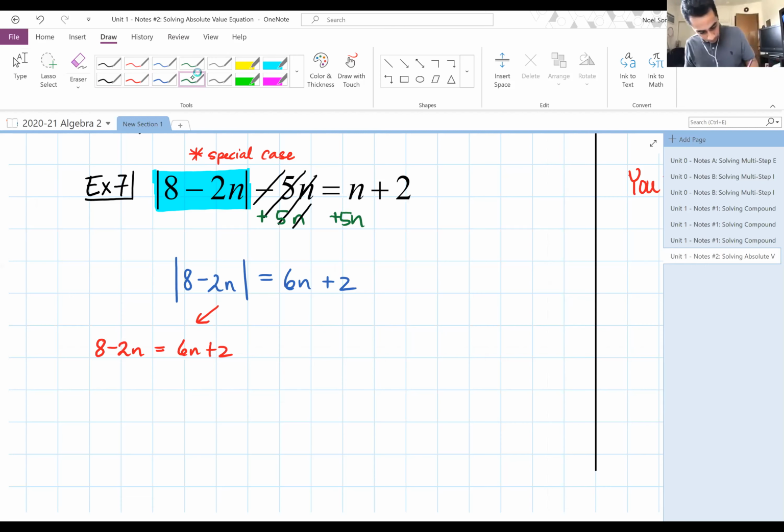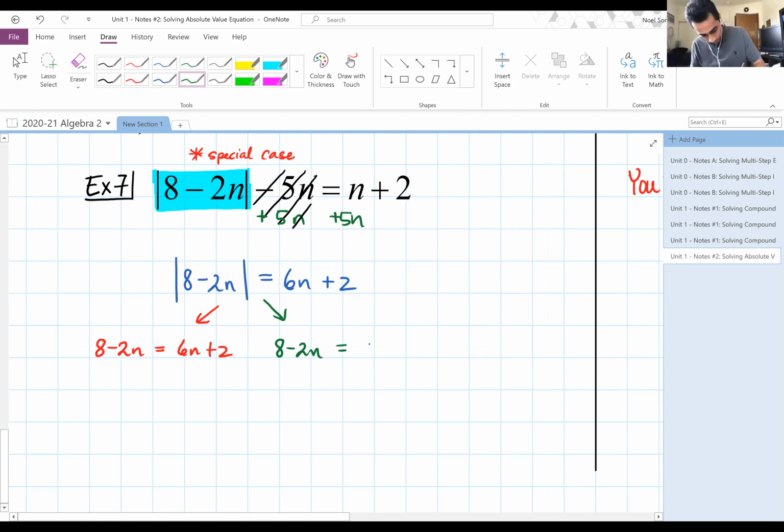Now the second equation, right? Think about what we would normally have done. We would have brought down the 8 minus 2n, and then it would have equaled the negative, the negative or the inverse of whatever was on the other side of that equal sign. But since this time we have an expression, 6n plus 2, we're going to negate, or give the inverse of, the entire expression.